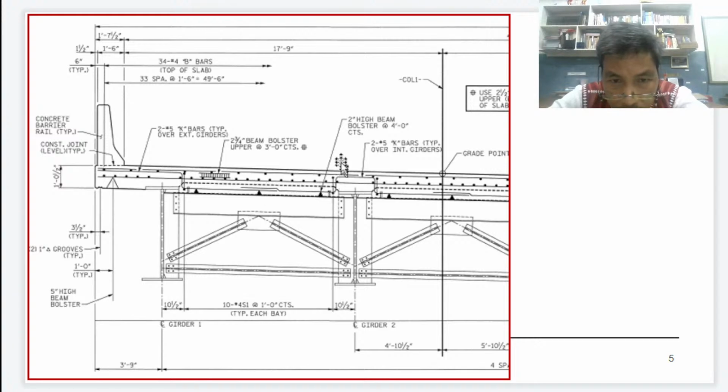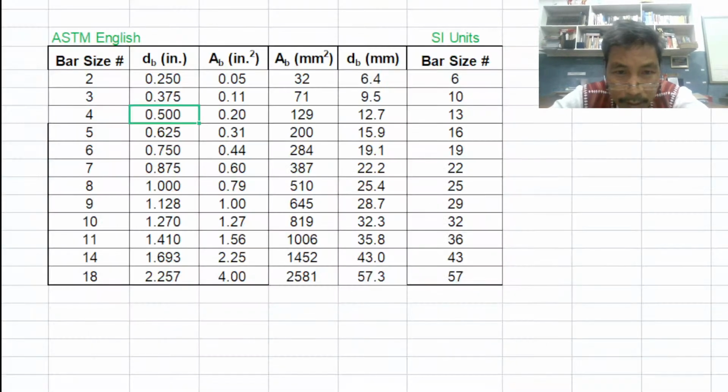So what else? High beam bolster, low beam. Okay. So as you can notice here, K bars are sized at number 5 bars. What do you mean by number 5 bars? This is the size of number 5 bars. Okay, and number 5 here is the size 0.625 inches and 0.31 square inch area.